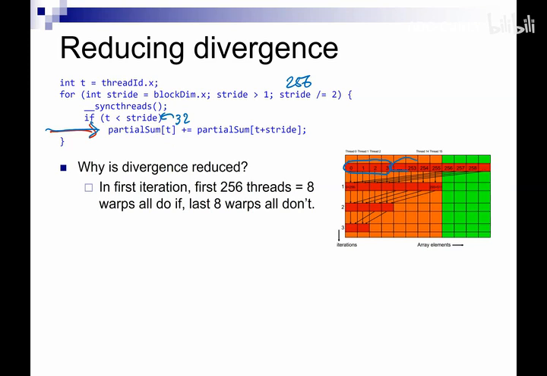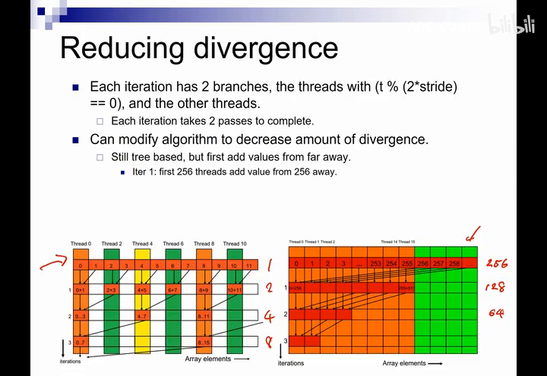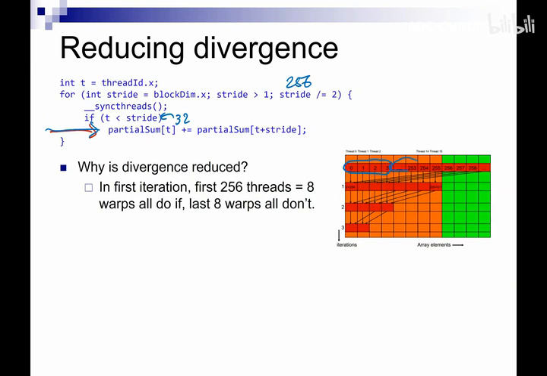Whereas for the previous algorithm, if you look at the first 32 threads, half of them satisfy this condition, but half of them do not. So there were 2 branches in the first warp for the first example, whereas for this new example there is just 1 branch, because all 32 threads in the warp satisfy this condition.